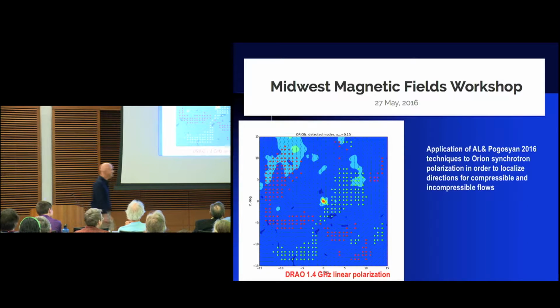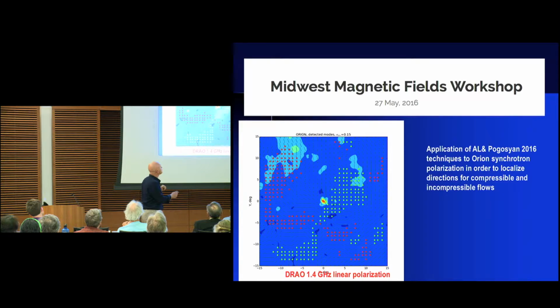Okay, and for another teaser, I will show you something, and will not tell you what it is. This is an analysis of the Orion synchrotron emission, which is done with a DRO 1.4 gigahertz linear polarization.